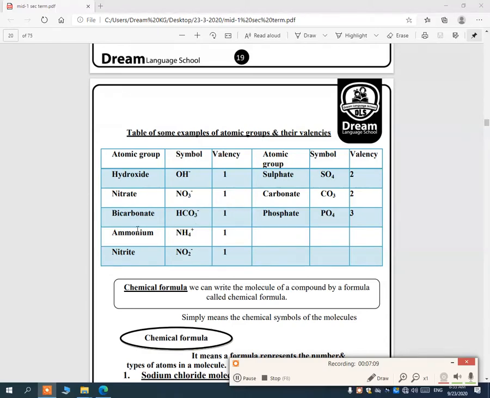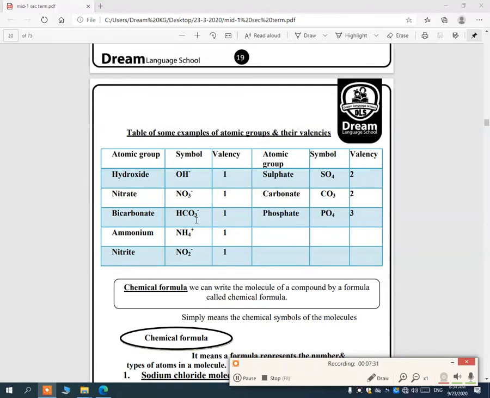We have bicarbonate, its symbol is HCO3, which carries only 1 negative charge, so its valency equals 1. And next we have nitrite, and its symbol is NO2. It carries 1 negative charge, so its valency equals 1.